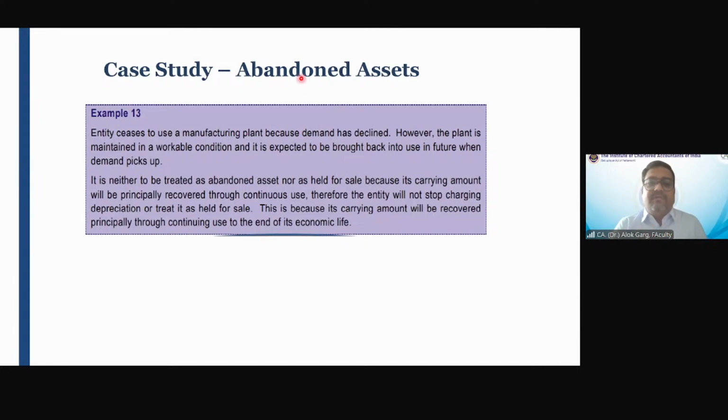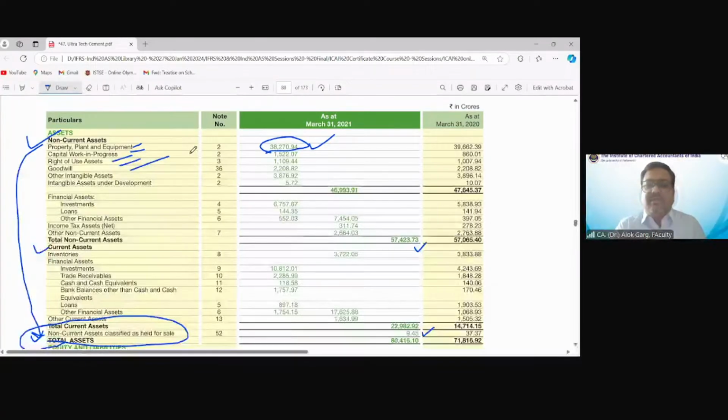Right? Friends, let me show you one example of Ultratech Cement. So I believe this Ultratech Cement balance sheet is there on the screen. I have shown you this non-current asset held for sale line item under the current assets. The note number is 52.